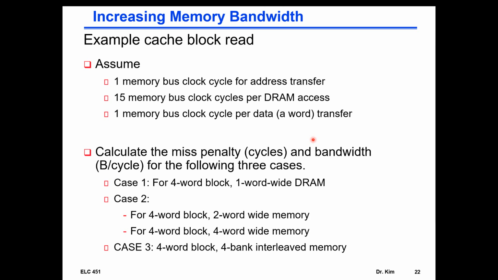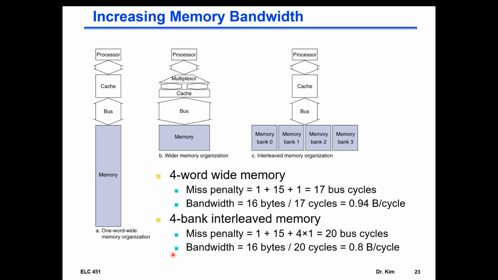So in essence, this would be the narrow memory organization, this is for the wide bus, and this is for the interleaving. So here it is. The miss penalty, let's just pick 2 of the previous ones. This would be the wide bus here, that is 4 words.